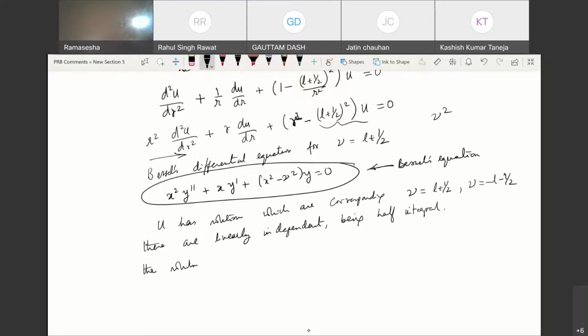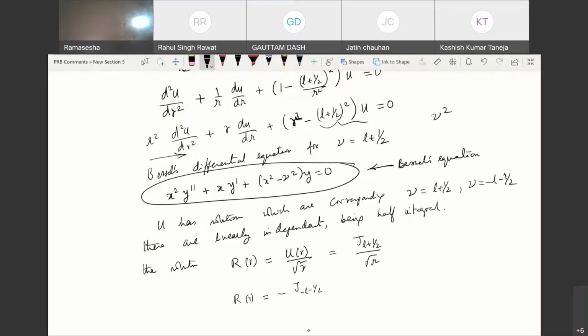So this is going to be J L plus half of r by root of r, and the other solution is minus of J minus L minus half of r divided by root of r.